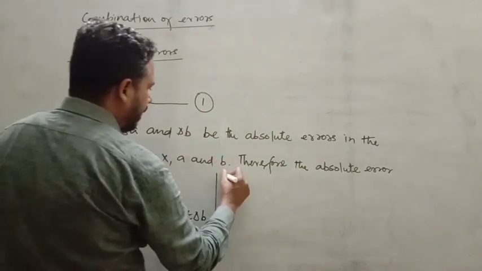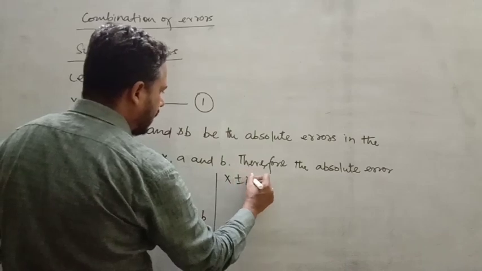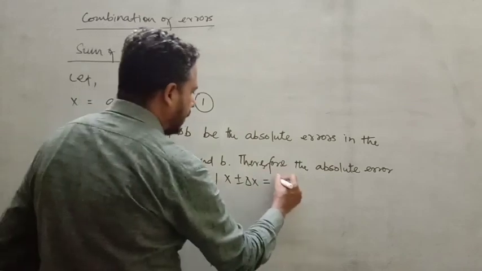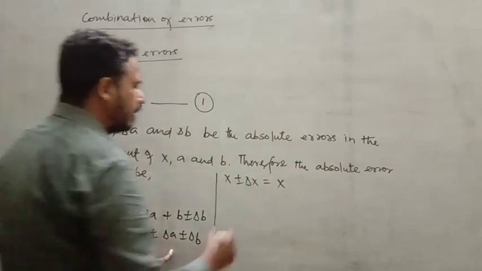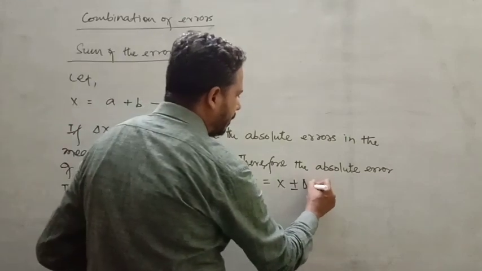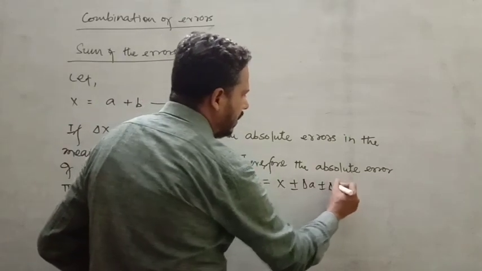So simply x plus minus delta x is equal to, this one is replaced by x, and again plus minus delta A plus minus delta B be there.